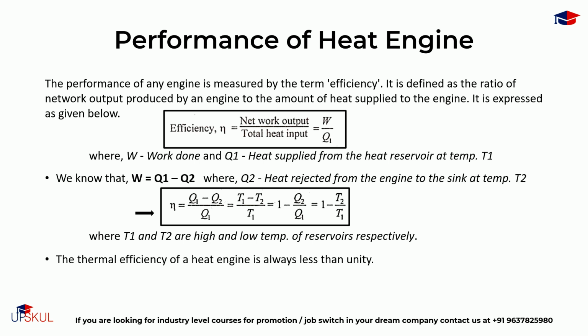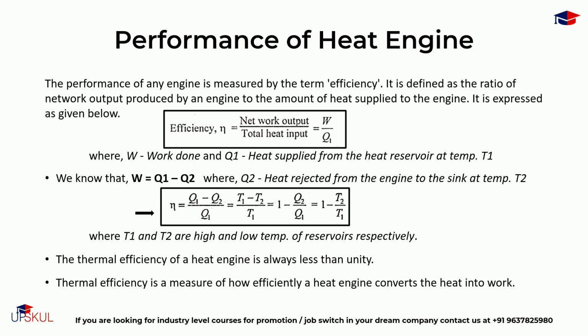So this is the equation for efficiency, we can calculate efficiency either through the amount of heat or if the temperatures are known. The thermal efficiency of the heat engine is always less than 1, and it is a measure of how efficiently a heat engine converts the heat into work.